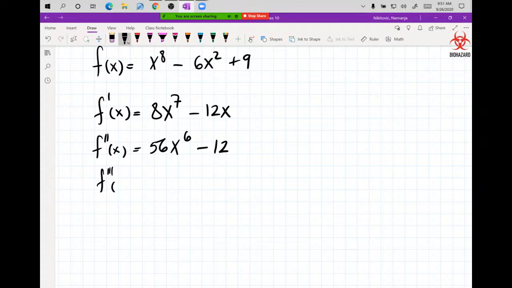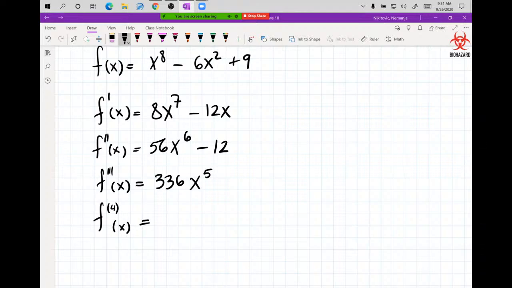And the answer is yes, but that will give you the third derivative. Now, 6 times 56 is 336, x to the 5, and then minus 12. That's 0, so that's gone. Can you take the next derivative? Sure. The next derivative is the fourth derivative.